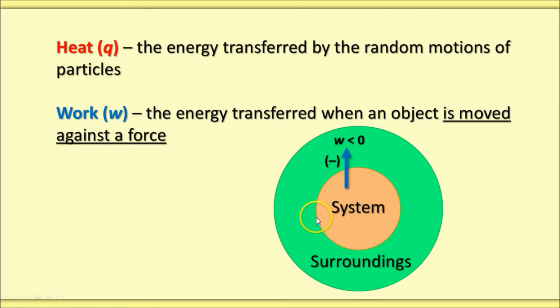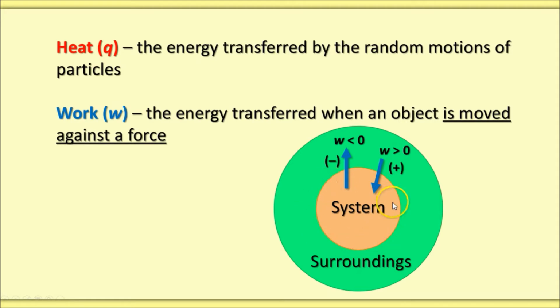So we're moving basically the boundaries of the system against the force of the surroundings, and that would be negative work. The opposite would be if the surroundings pushes against the system. Then our work would be greater than zero, which would make it positive.